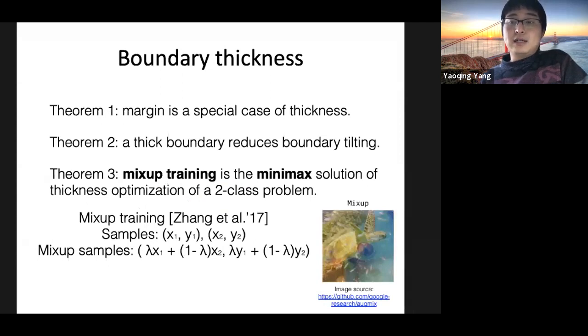Mix-up training means that instead of training on the original samples, you do a certain type of data augmentation by linearly combining two samples into one. Let's say you have two samples, x1, y1, and x2, y2. Then a mix-up sample is the linear combination of these two samples using some constant lambda. So instead of training on the original pairs of samples, you actually train on these mix-up samples. So this is mix-up training.